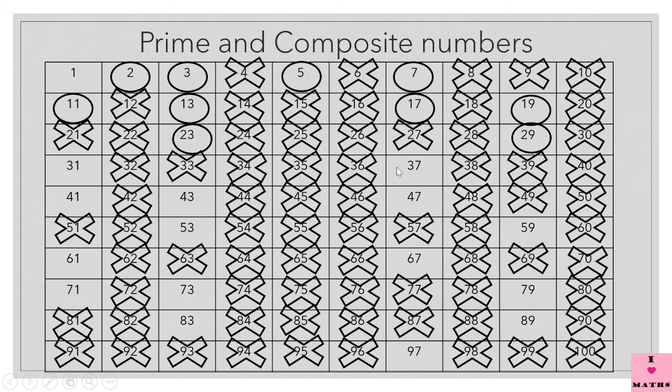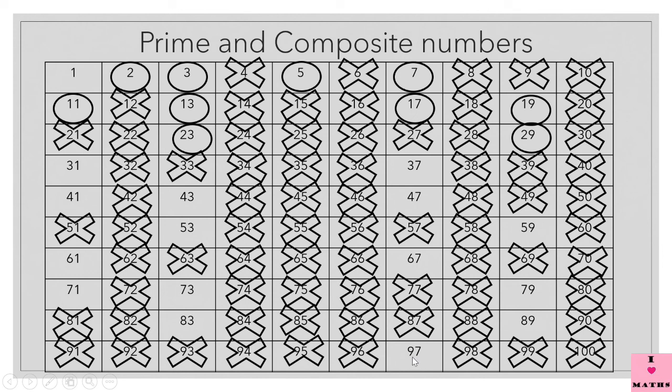So children, the numbers which are remaining, that is 37, 41, 43, 47, 53, 59, 61, 67, 71, 73, 79, 83, 89, and 97.